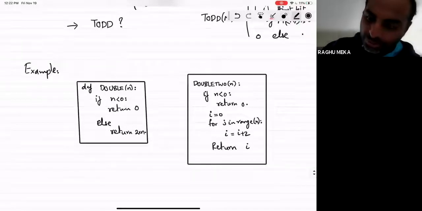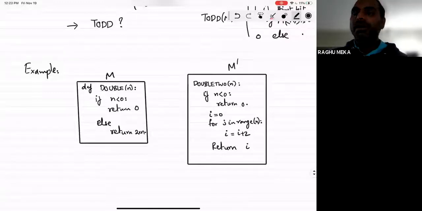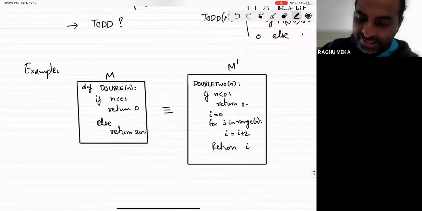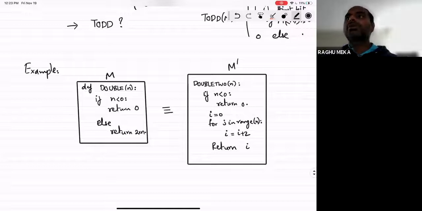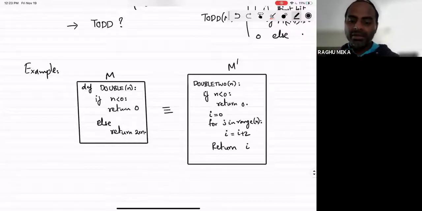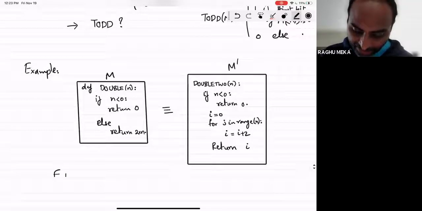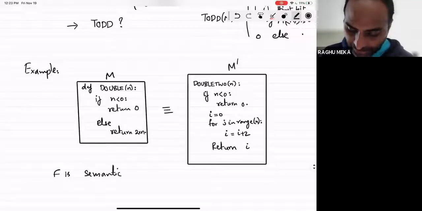This is a program M and this is a program M prime. Both of these are exactly equivalent, because their input-output behavior is the same on all integer inputs. So F is semantic implies that F of M equals F of M prime.